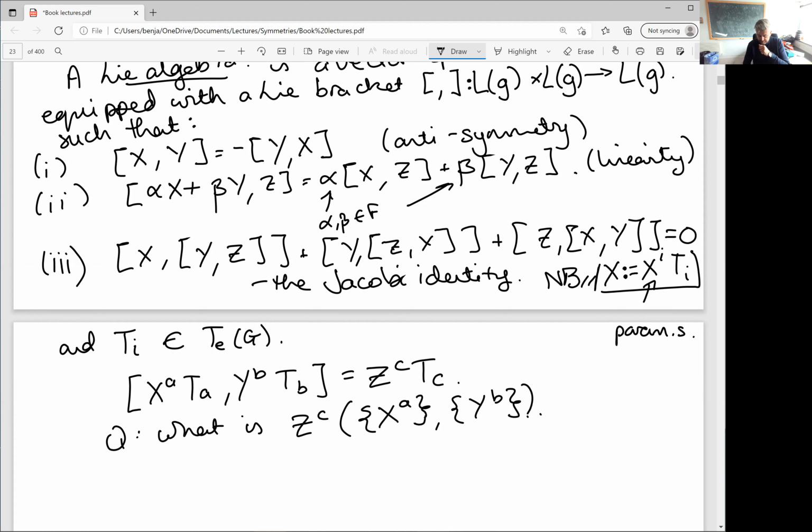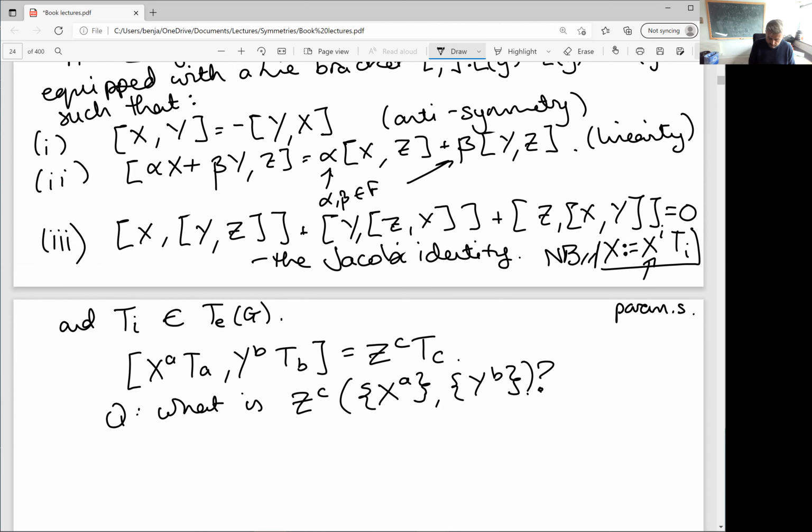I've switched from I's to A's and B's here, but it doesn't matter. They're all the same index. So we'll now find it with some effort.